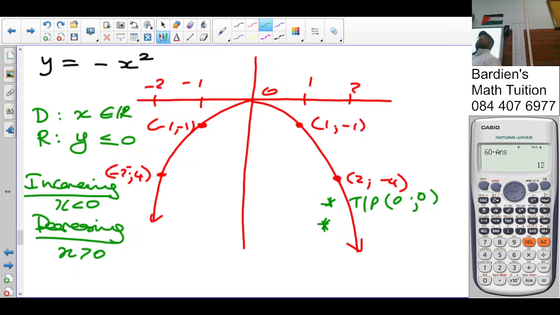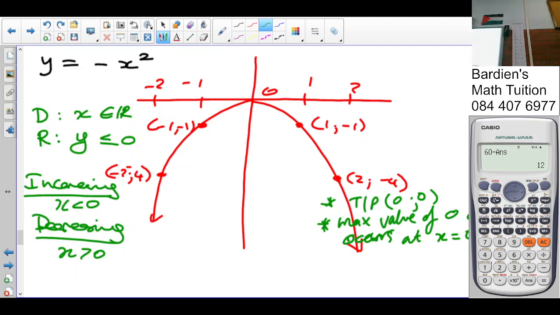The turning point is at the maximum, not so. So this graph will have a maximum value of, the maximum value, this biggest value is 0, and occurs, let's double see, at x is equal to 0.